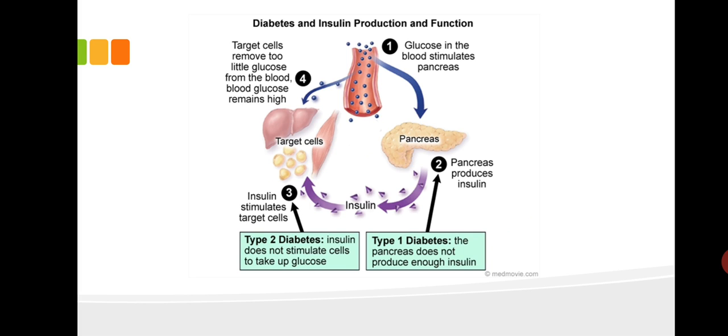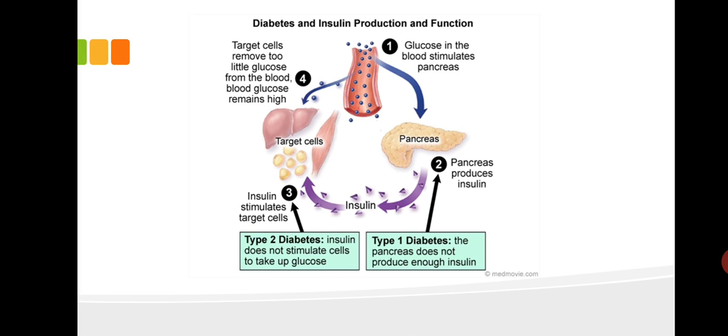But in the case of type 2 diabetes, normal insulin is present in the blood, but the insulin does not stimulate cells to take up glucose, so the excess glucose remains in the blood.